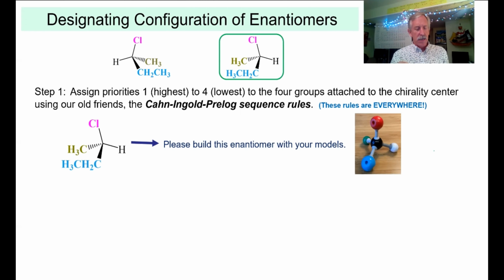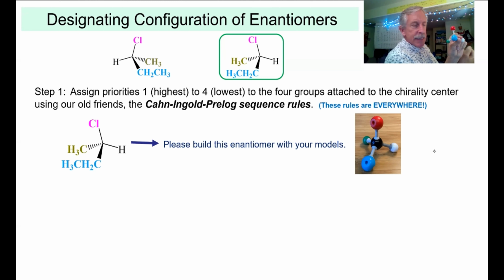So take this molecule, which, let's make sure we're all playing with the same one. Notice this blue one is pointing out at you, just like on the screen, I have wedge coming out of the paper.